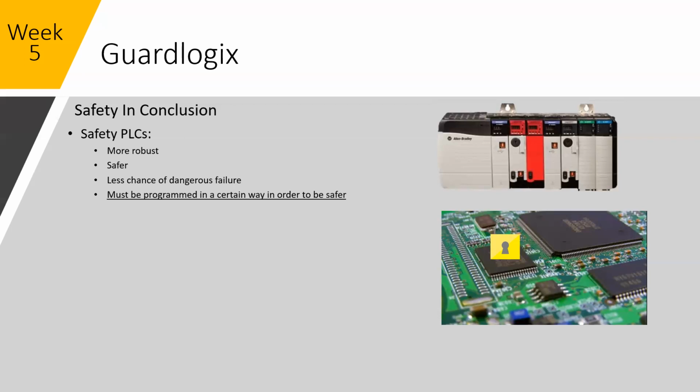You can't just buy both of these, and this is one of the things that I've seen: an engineer will spec that it has to be safety because there's a machine cell and they believe that safety means if one of the gate switches is open, that they need a safety PLC to shut the system down.